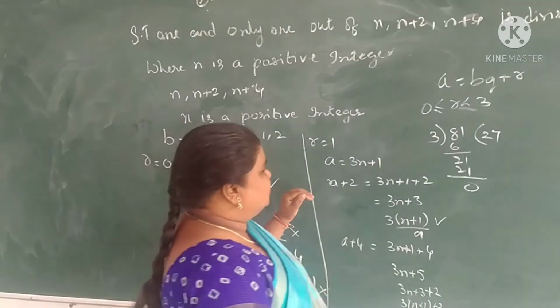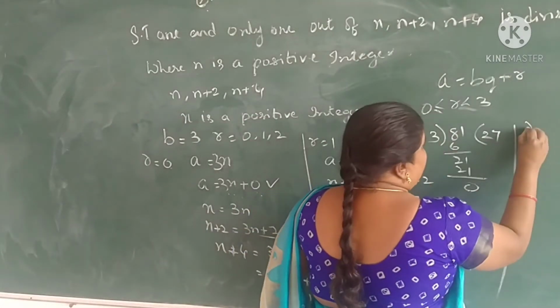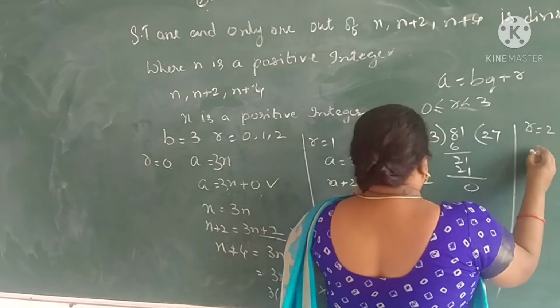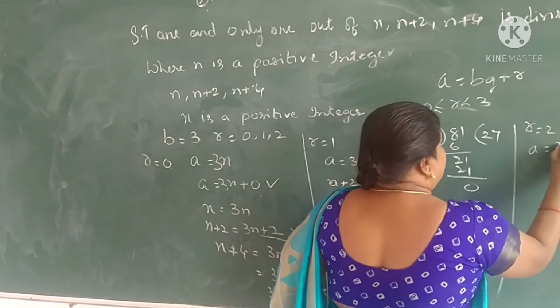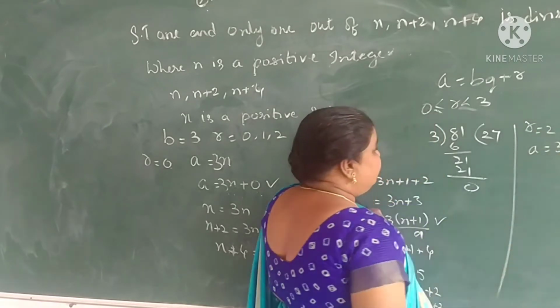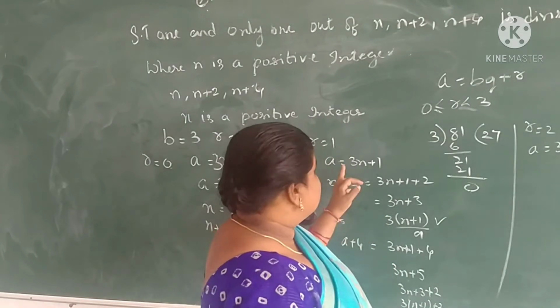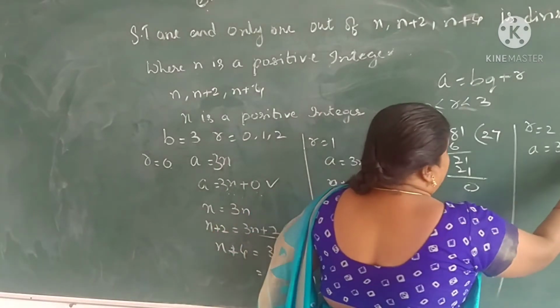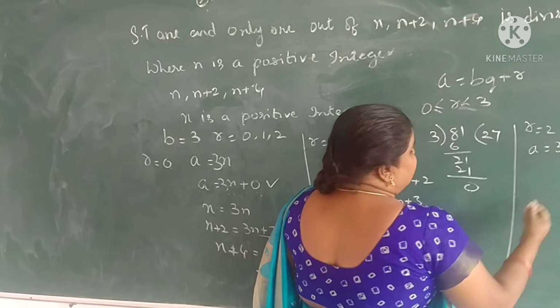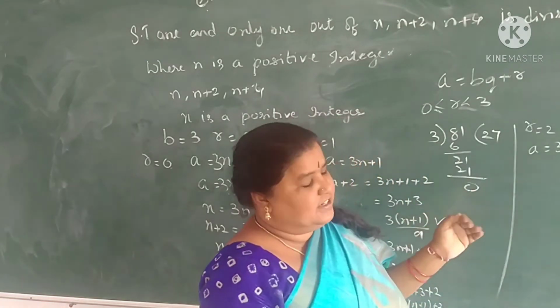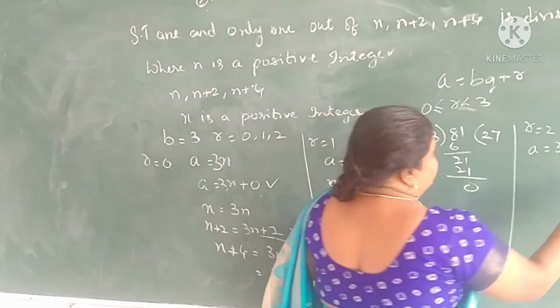In the third case, when r is equal to 2, a is equal to 3n plus 2. The remainder is 2, so it is not divisible by 3.